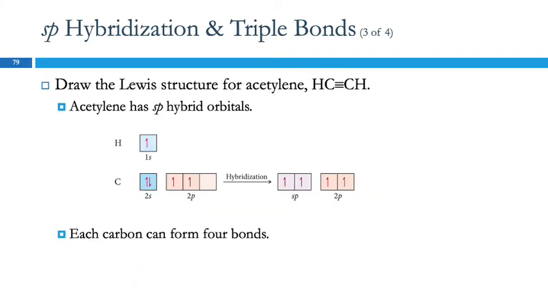So if we look at acetylene, it says draw the Lewis structure. Well, the Lewis structure is not much different than what they show right there. There's no lone pairs. Acetylene has sp hybrid orbitals.